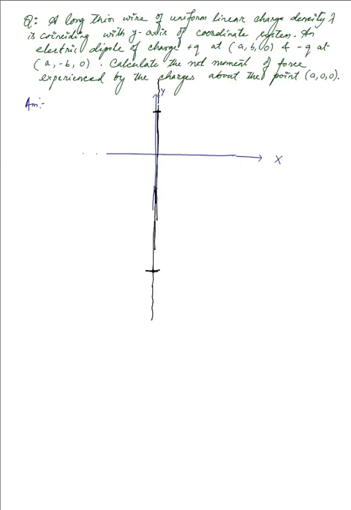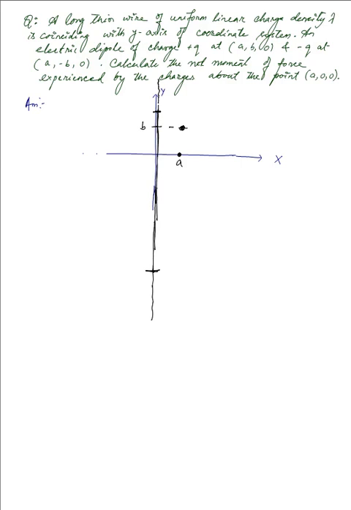Now we have a dipole, an electric dipole, which carries a charge plus q at (a, b, 0) coordinates. So probably on the x-axis here we have the a coordinate, and for the y-axis we have the b coordinate over here. Let's say this is b. So this is (a, b), and in the z-axis obviously it is 0.